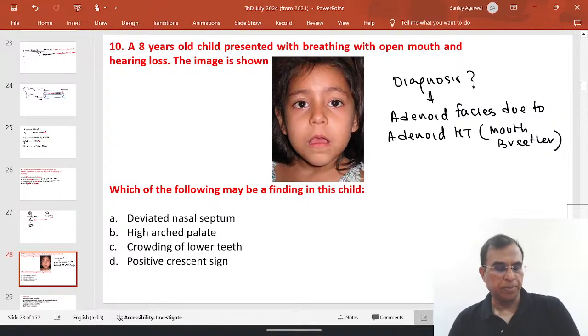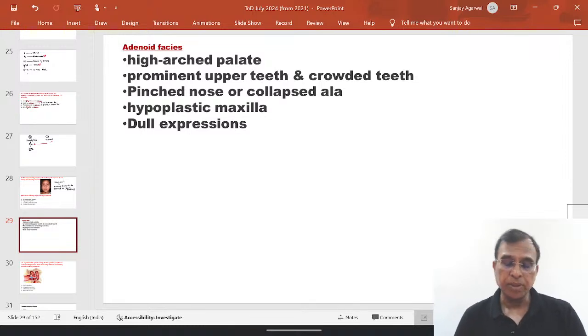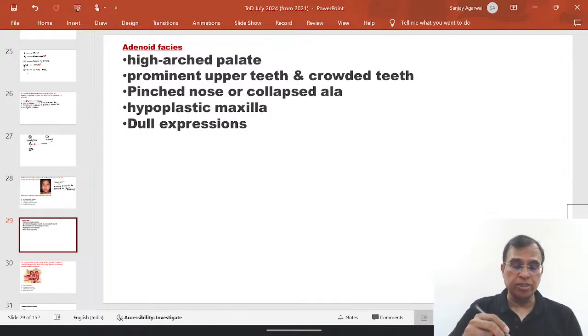These are the 5 features of adenoid faces: high arched palate, prominent upper teeth and crowded upper teeth, pinched nose or collapsed ala, hypoplastic maxilla, dull expression. So out of this, only the first one is given in the choices.